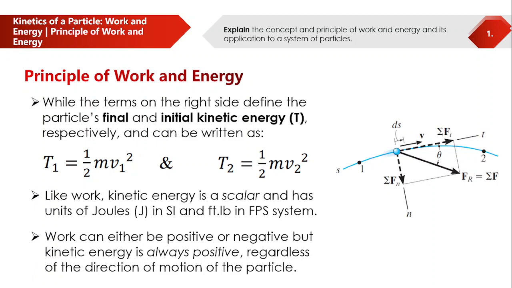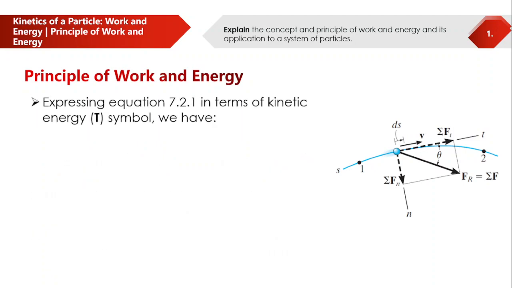Kahit negative po yan, kung pa-right or against the force or the path, squared lang din naman, so squared of either positive or negative, positive lang naman din yung resulting. So we can always remember or note that kinetic energy is always a positive number.